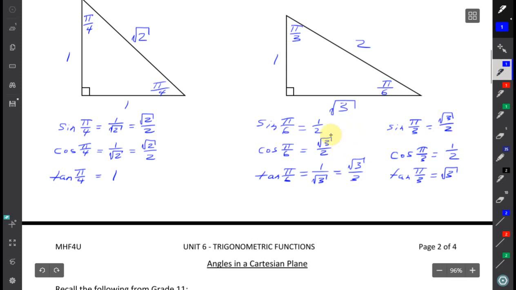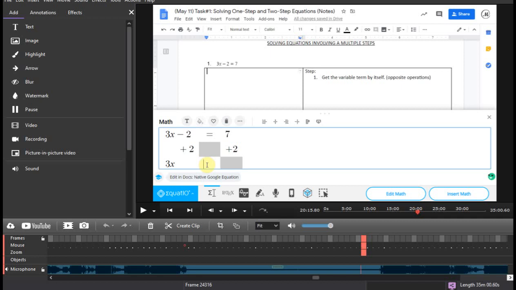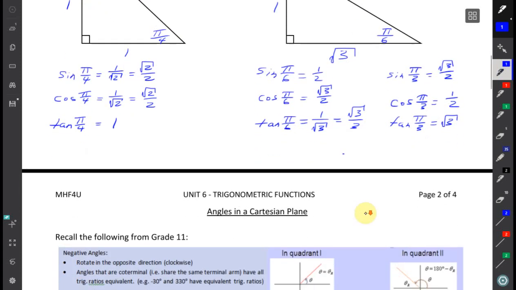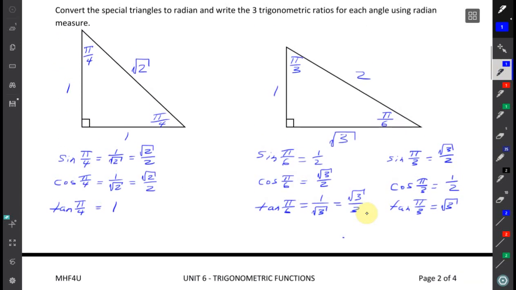So now what we have is the special triangles and their ratios, or special angles and their ratios, in terms of radians.